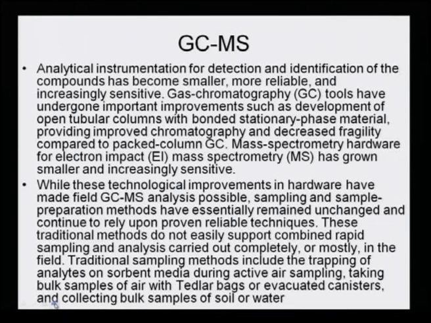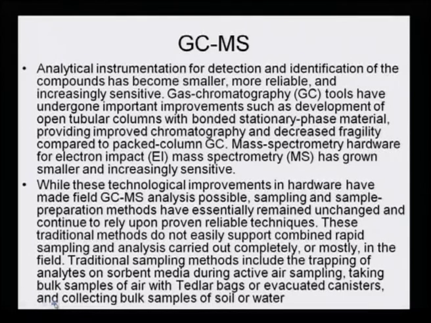Analytical instrumentation for detection and identification of compounds has become smaller, more reliable and increasingly sensitive with the use of GCMS. Now, what does this mean? That we are able to identify a structurally unknown compound by a very precise method, and it is a very sensitive method.